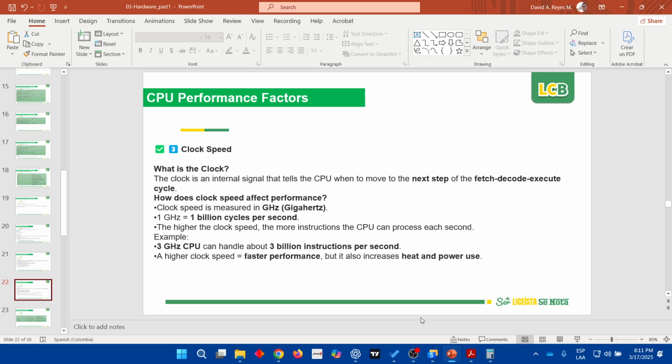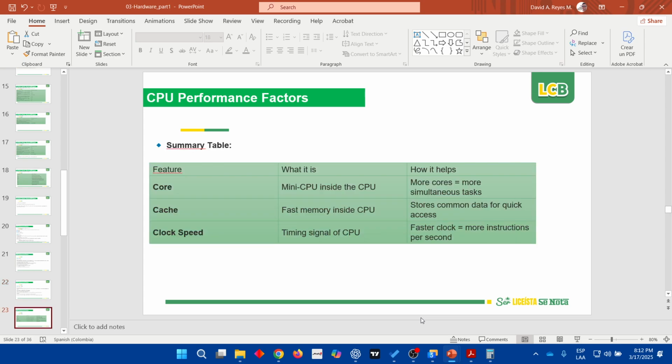What does cycle mean? Fetch, decode, execute. The higher your clock speed, the more instructions you are going to read. Next one. This is just a summary table.